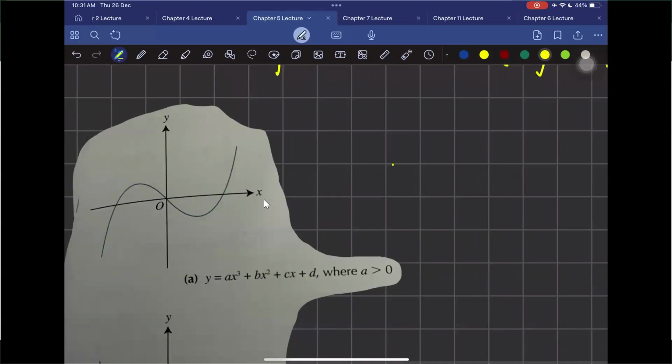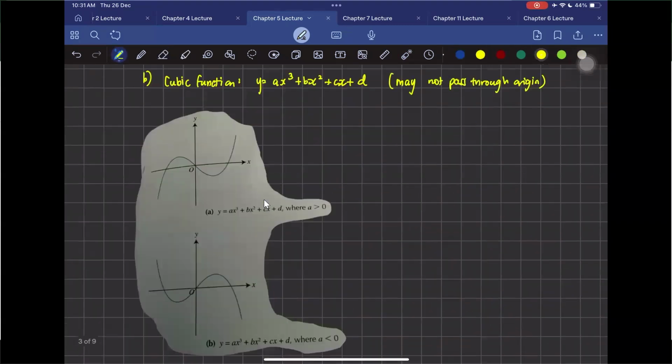So when y equals 0, you get ax cubed plus bx squared plus cx equals 0. This is an equation you can solve, similar to a quadratic equation. You can just plug it in your calculator and solve it, which is why you have x-intercepts. But the shape is generally the same.